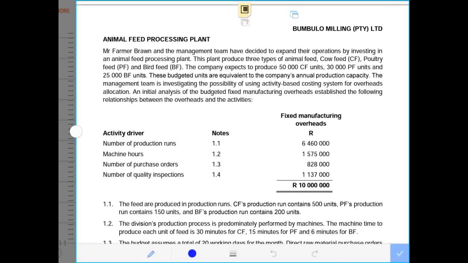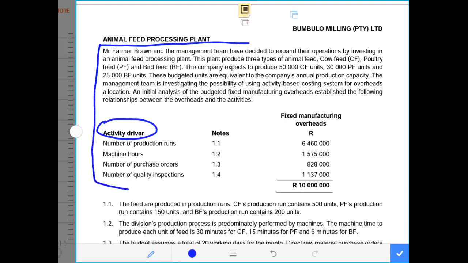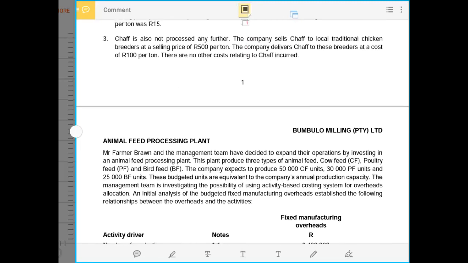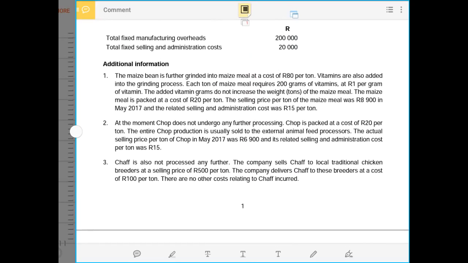And if you just scan randomly, we can see that this is part of ABC. We can see that there is an activity driver. So it is likely that here we are focusing on activity-based costing. So this will definitely be ABC. That means the first two questions will not be connected with this part of the question.